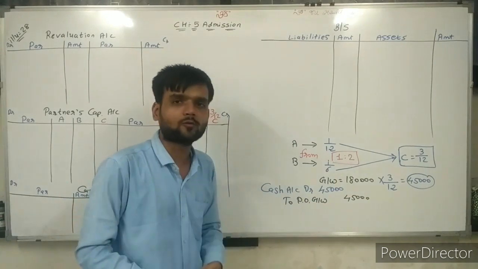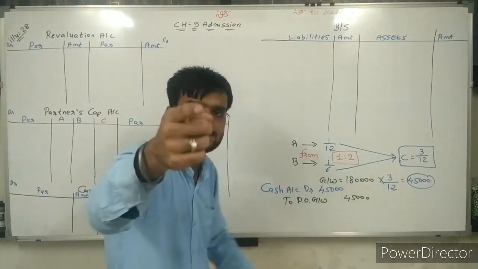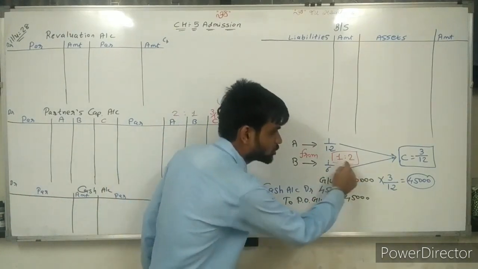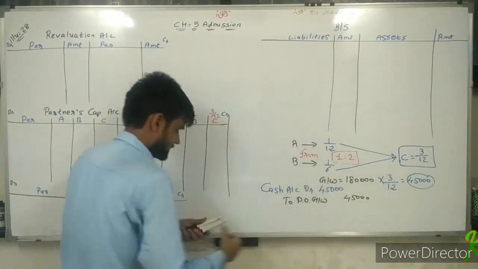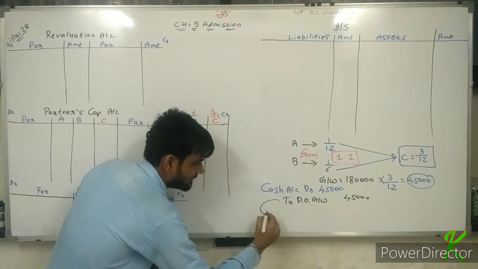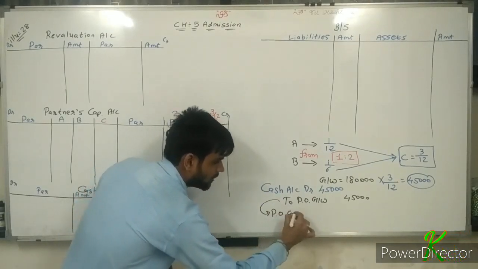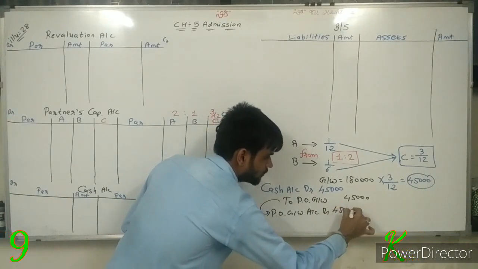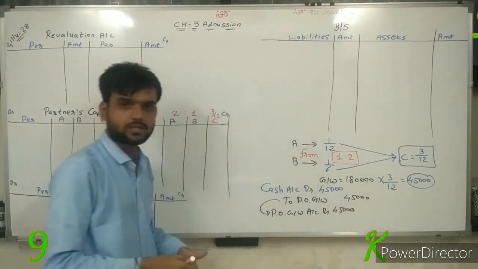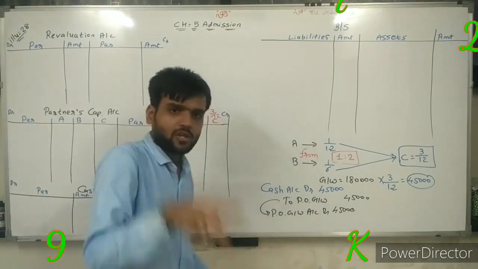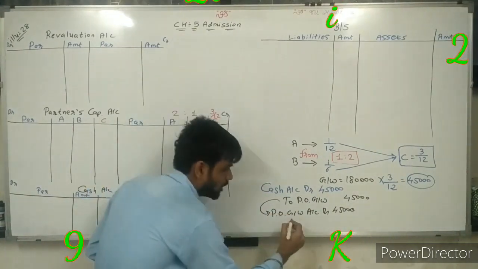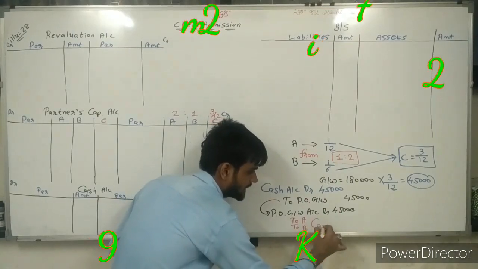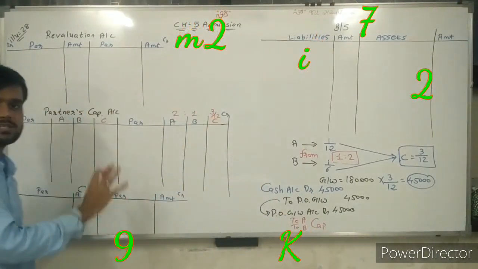Now this premium of goodwill we are distributing among the partners in their sacrifice ratio. So 1:2 is my sacrifice ratio. So here the premium of goodwill account is debited 45,000.